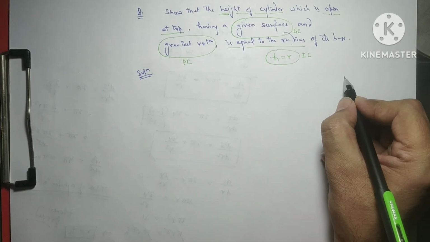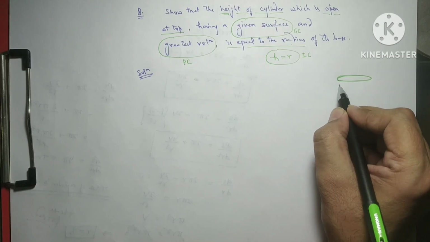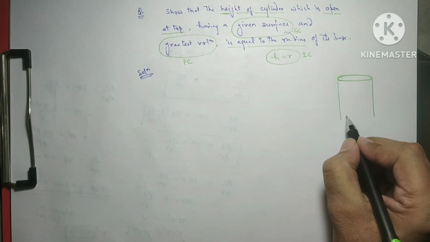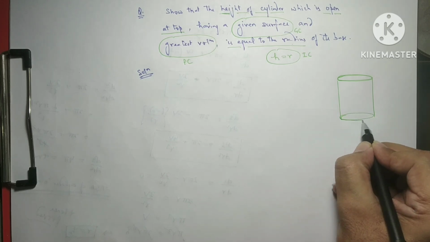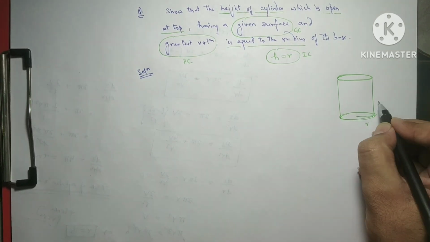Again we have a cylinder which is open at top and its radius is r and height is h.